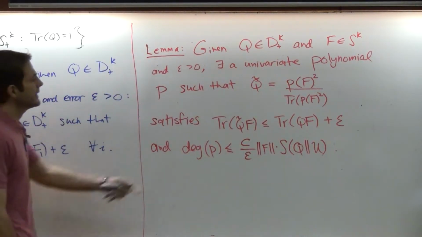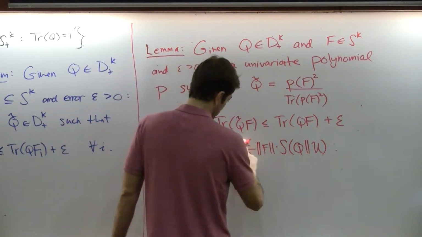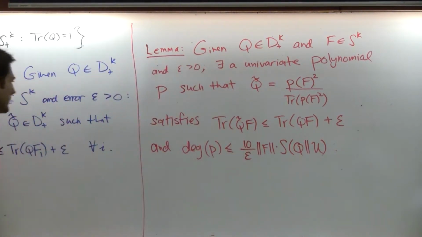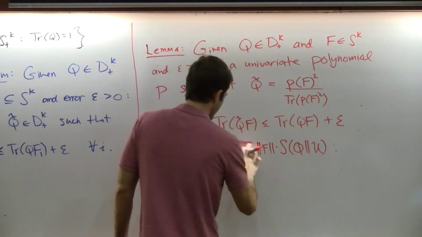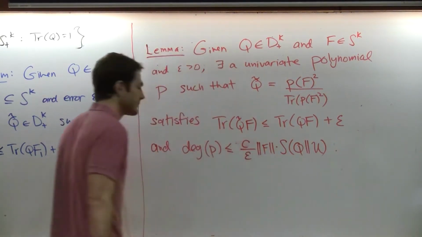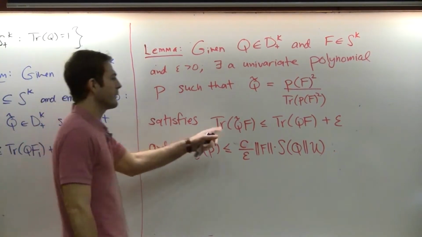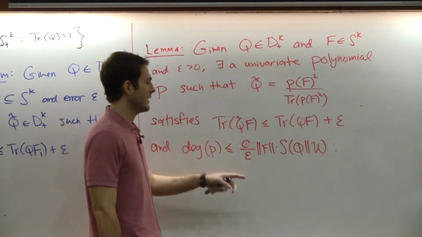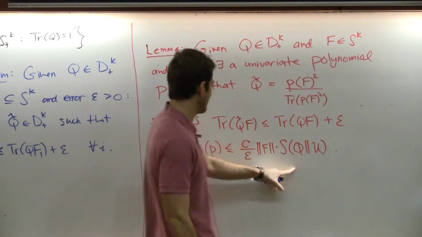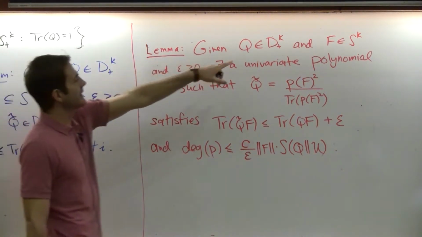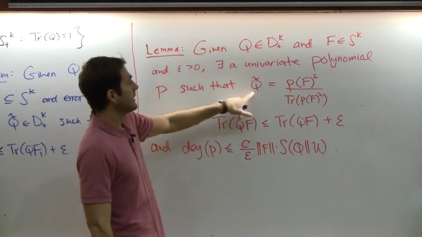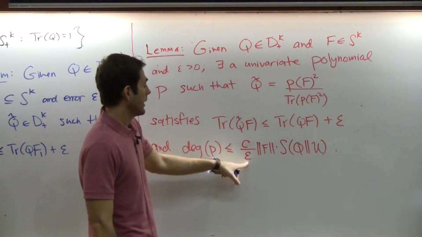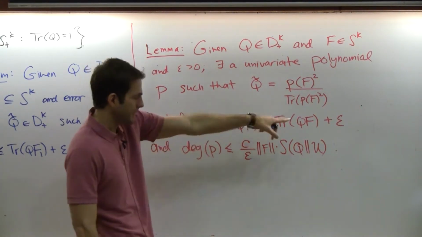C is a universal constant, probably something like the constant 3. I didn't tell you what this is, so let me tell you. But the idea is that given a test and given Q, we can find an approximator that's a low-degree polynomial in the test F, where low means that it does as well in the test as Q did, with error epsilon.